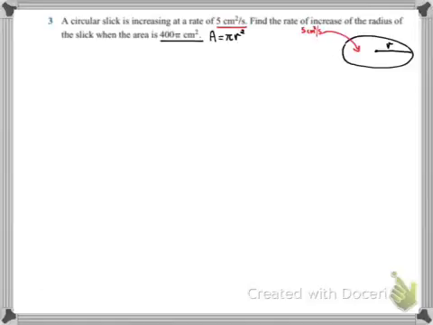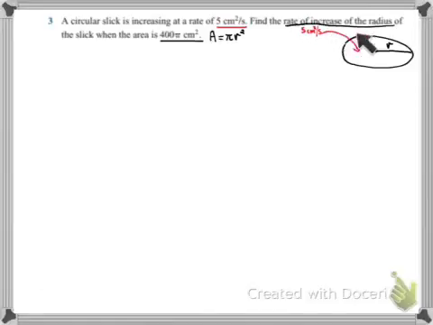Now we're told we have to find the rate of increase of the radius of the slick when the area is 400 pi. We need to relate this area quantity to a circular slick. The area of a circle is pi r squared, and that's what we're going to draw upon.